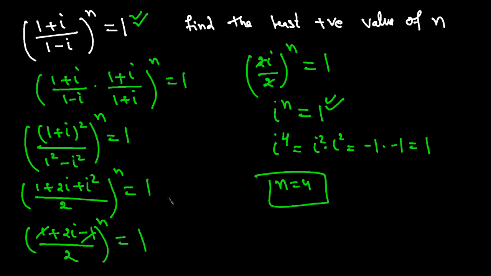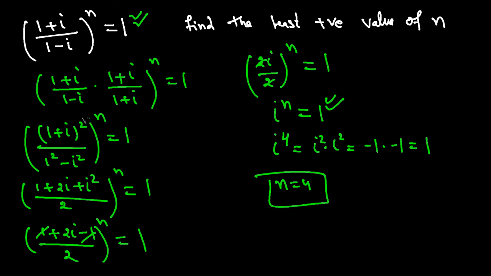Alright guys, so these are some examples I was planning to solve. So in my next video I'm gonna go over converting a standard form of a complex number to polar form or exponential form, or they call it Euler form too.